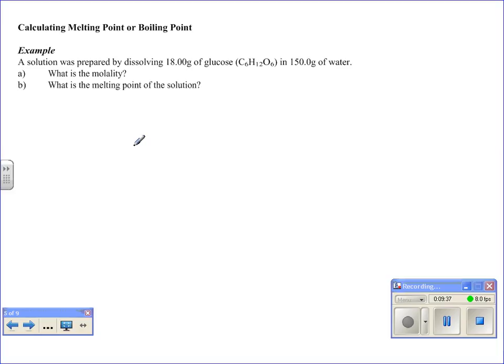In this example, a solution was prepared by dissolving 18 grams of glucose in 150 grams of water. First, it asks us for the molality. As you know, the molality is the moles of solute per kilogram of solvent. So what we need to do is calculate the moles of the glucose. The molar mass of the glucose is 180.18.